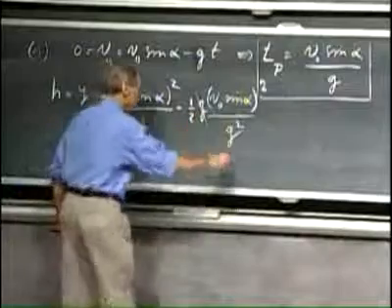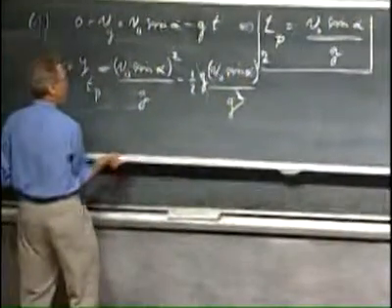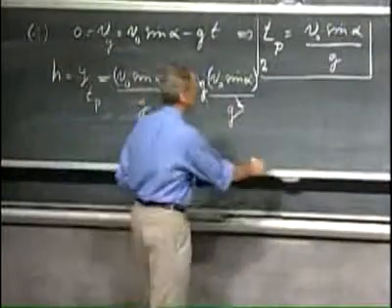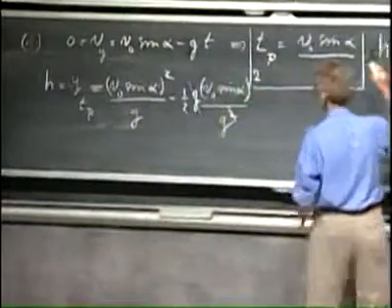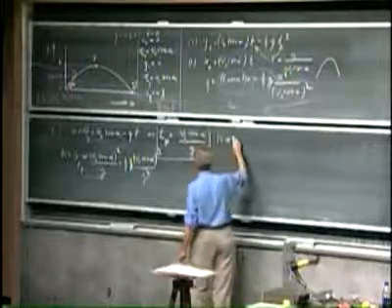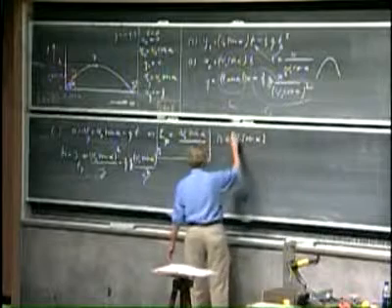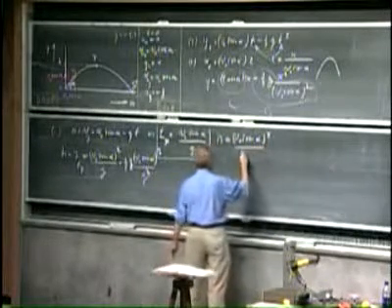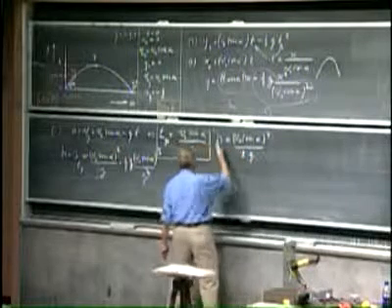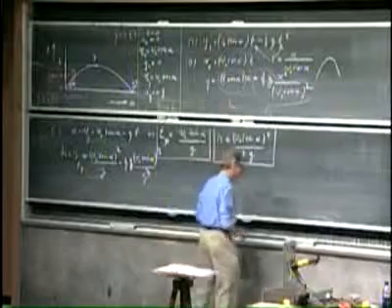You lose 1g, and you will find then that the highest point, let's write it down here so that we don't block that blackboard. The highest point in the sky equals v0 sine alpha squared divided by 2g. That is the highest point.